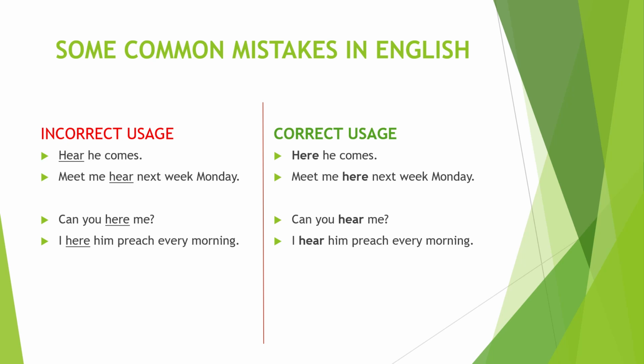Then you say, here he comes. Then in the next sentence, meet me here next week, Monday. So we are basically talking about a place. Meet me here next week, Monday. Great.